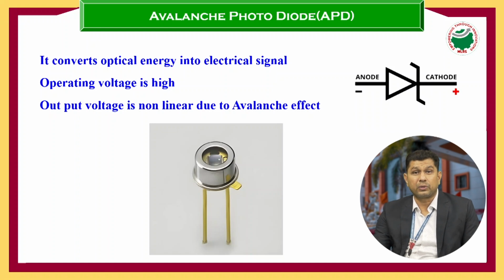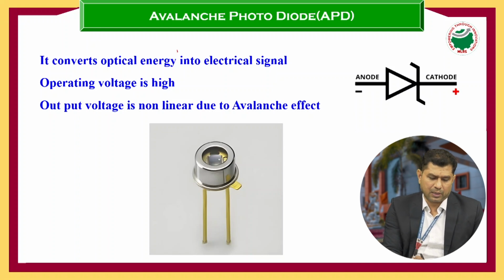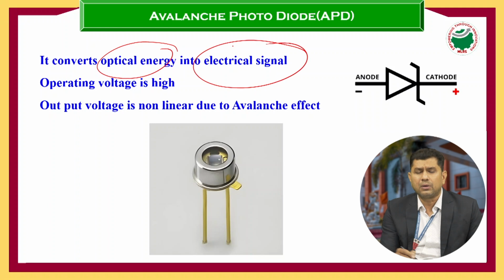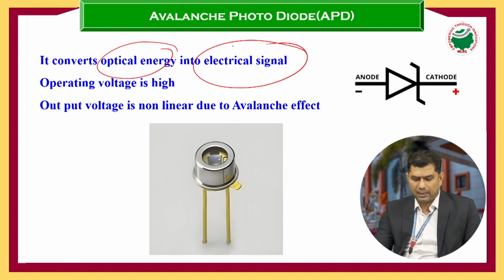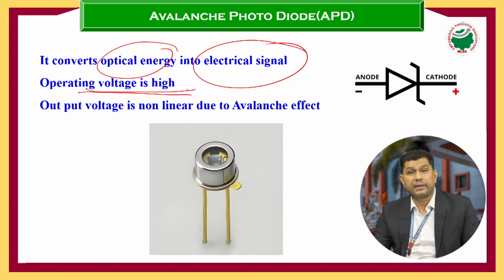To get a quicker response time and a greater level of sensitivity, they developed the APD. The main function of the APD is to convert optical energy into an electrical signal. But here you observe the operating voltage is very high. How we operate it and what its function is, we will discuss, no problem.